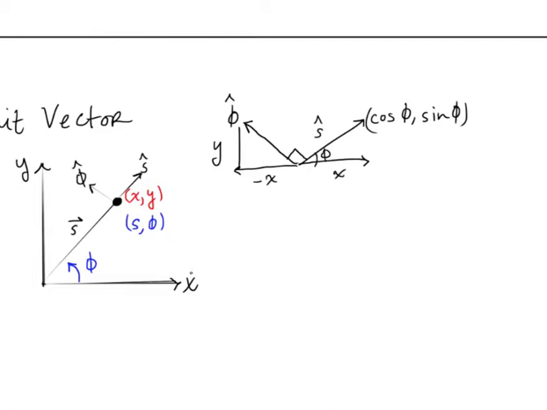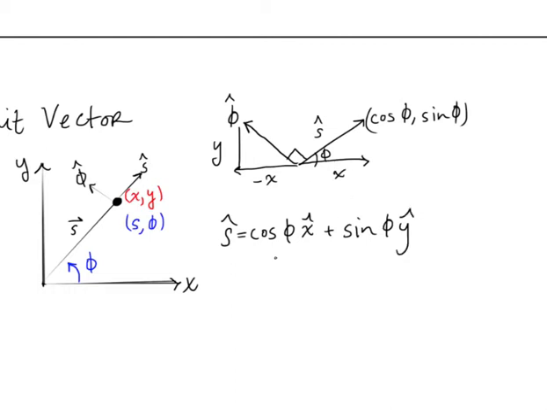So if we recall, s-hat was equal to cosine phi x-hat plus sine phi y-hat.